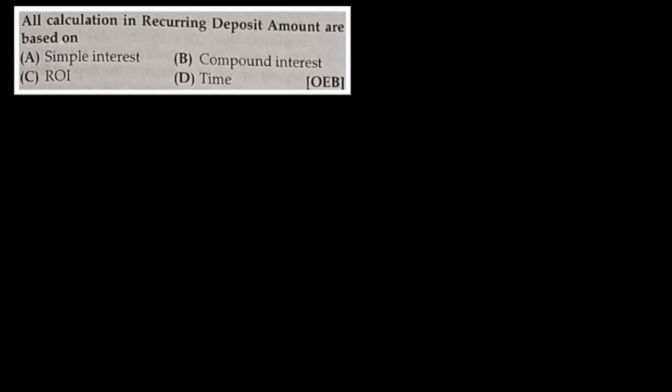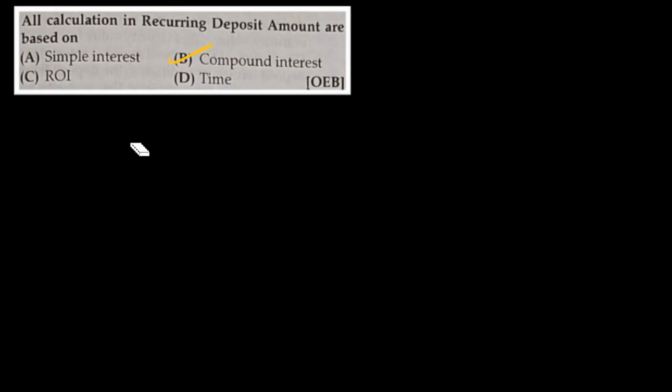So the next question is: all calculations in recurring deposit accounts are based on what? Simple interest, compound interest, rate of interest, or time. See, in recurring deposit accounts, all calculations are based on compound interest.